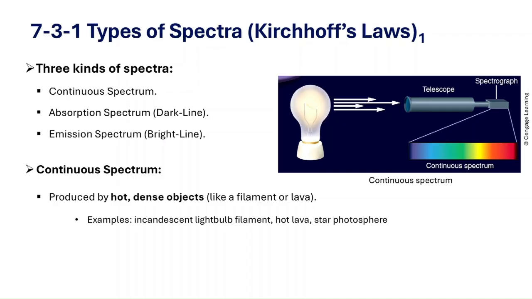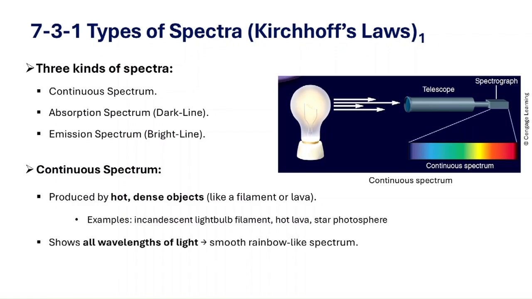Now think about things you have seen glowing when heated. Lava is a great example, or even the burner on a stove when it's red hot. So these are continuous spectrum sources. And of course, the sun's visible surface gives us a continuous spectrum as well.